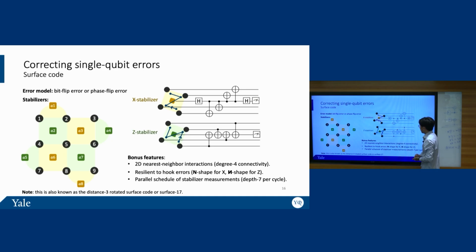And the circuit for correcting surface code is a constant depth of 7 gates per cycle, 7 coming from the Hadamard, the 4 CNOTs, Hadamard, and the measurement. So everything is done in parallel, even though there are so many checks to be done simultaneously.